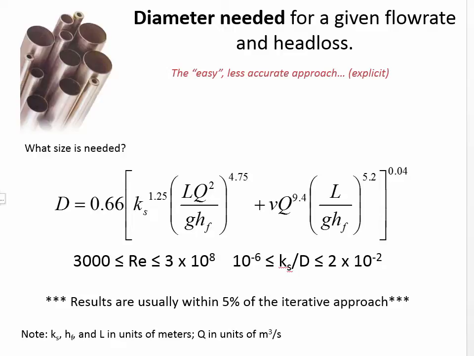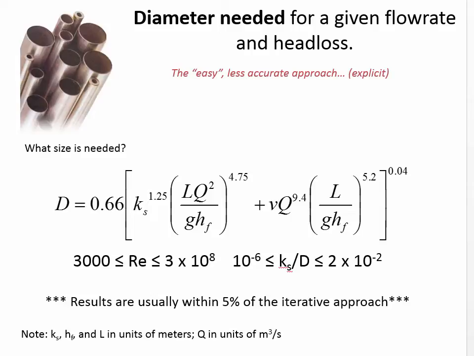It also has a limited range where it applies. The limits are wide, from 3,000 to 3 times 10 to the 8th for the Reynolds number. You can see the relative roughness ratio that it's valid for. So it's a wide range, and typically the results of this equation are within 5% of the iterative approach.